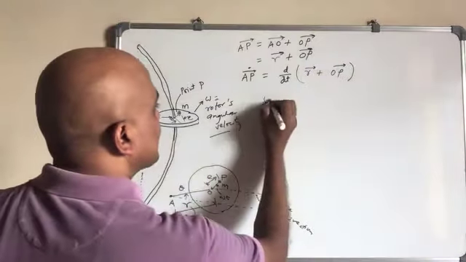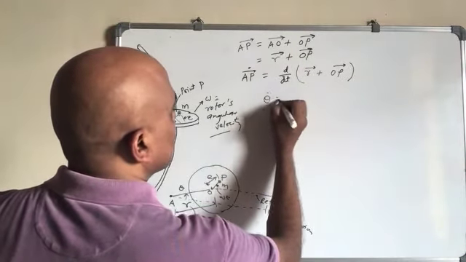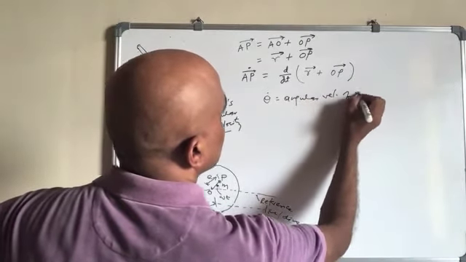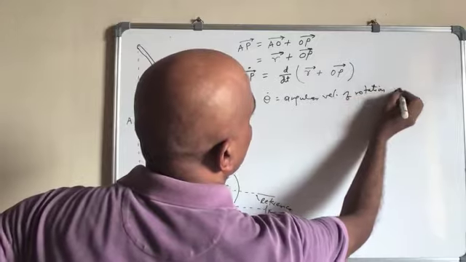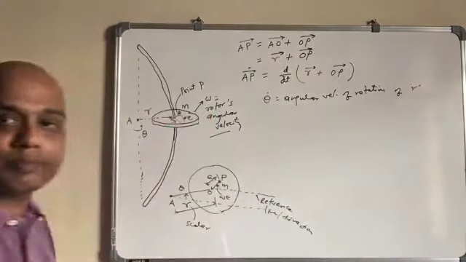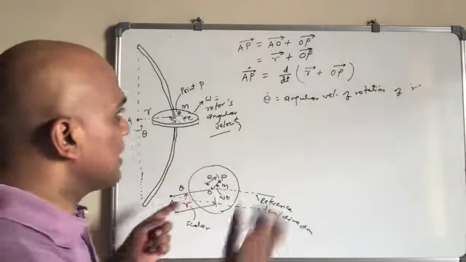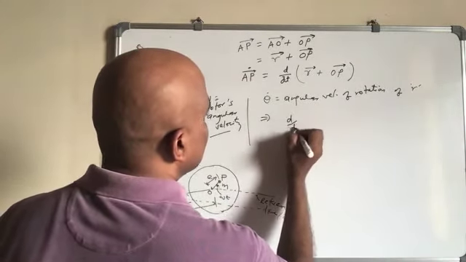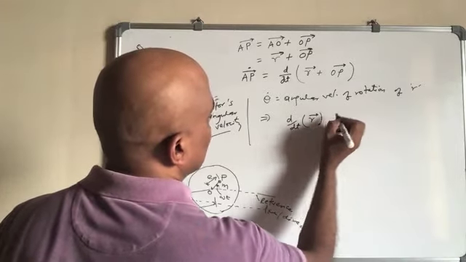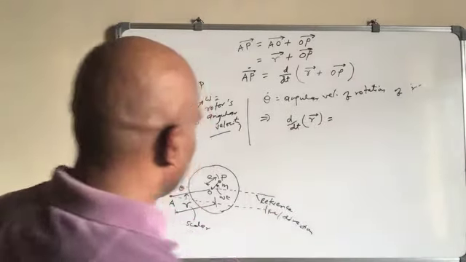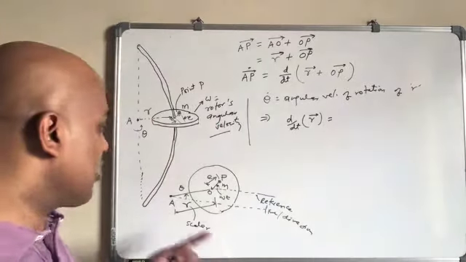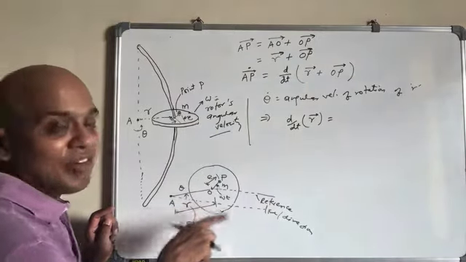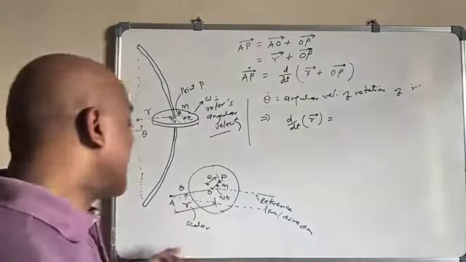So theta dot is the angular velocity of rotation of R. That tells us d over dt of R can be written in terms of two perpendicular directions.